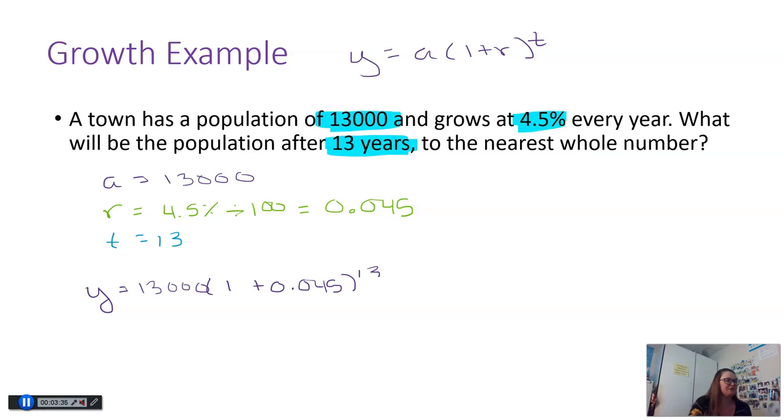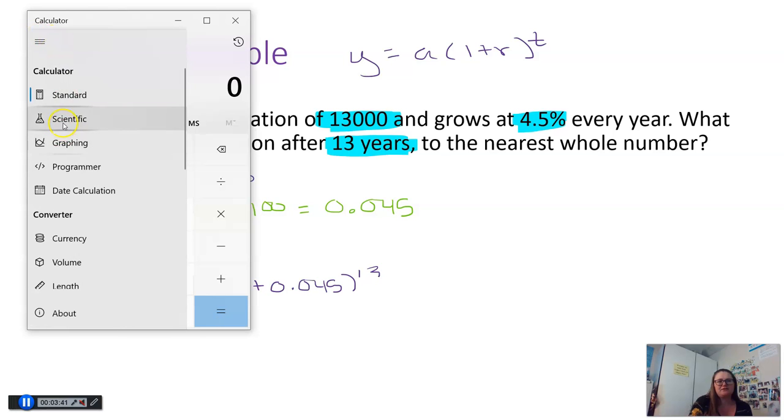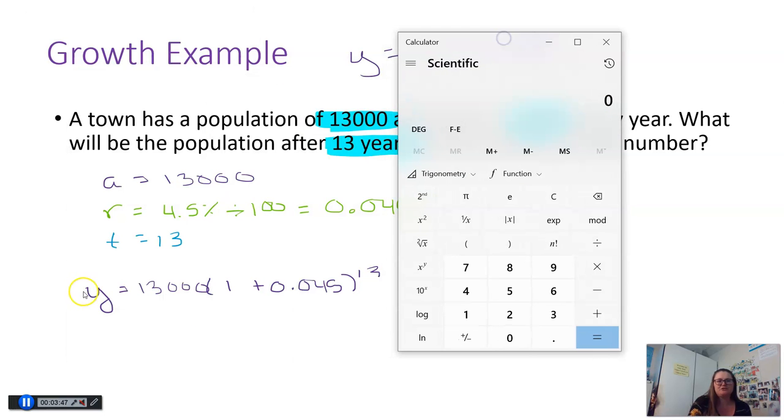So now you want to pull up a calculator. Here's the calculator that's on the laptops. If you want to use that calculator, just turn it to scientific mode. It'll make it a little easier. Starting after the equal sign, you're going to type it straight in the calculator. 13,000. You do need to remember, because of the way this calculator works, you need to put times before you put the parentheses.